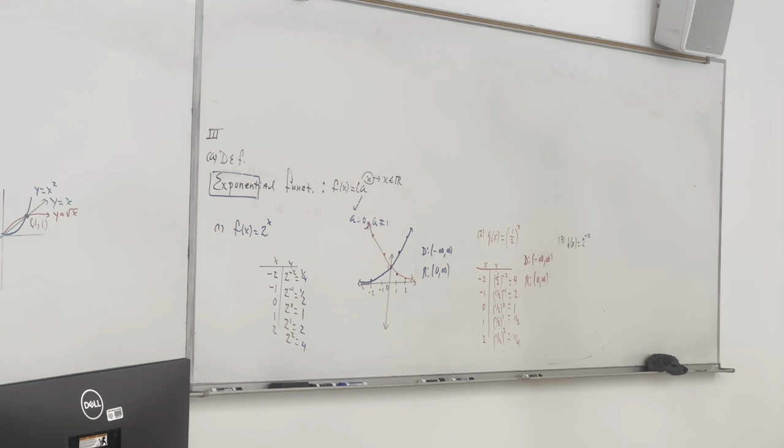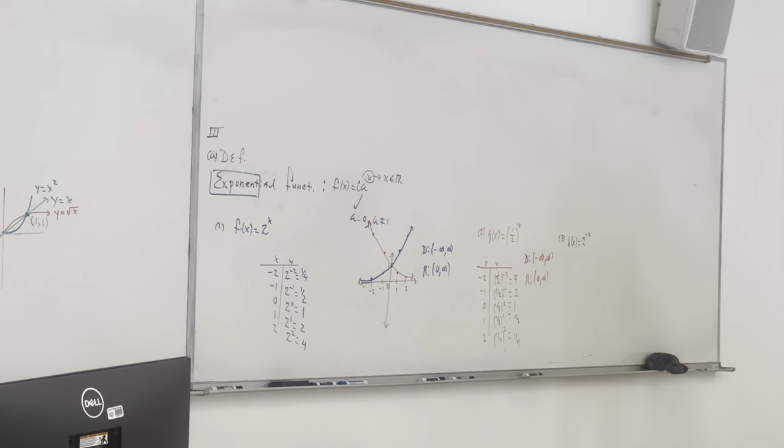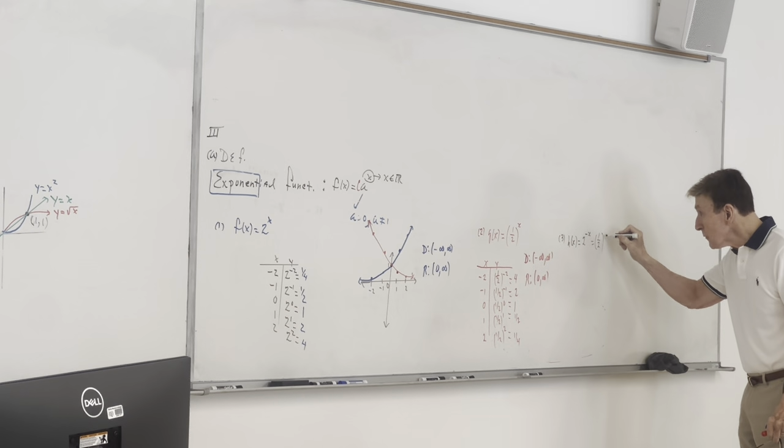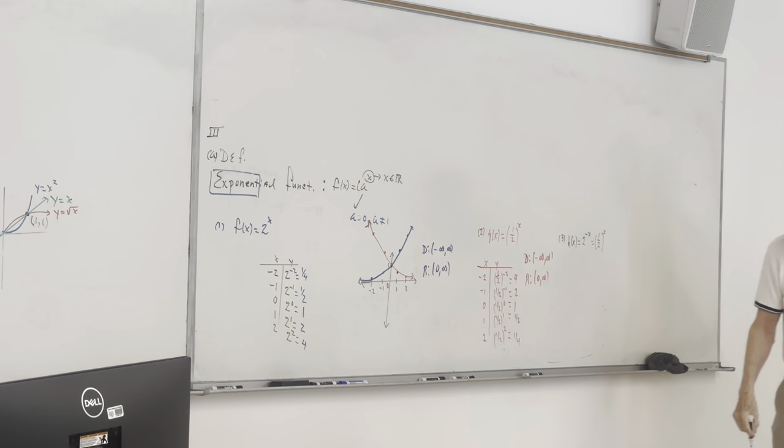Aiden, what about it? 1 over 2 to the power of x. He said, wait, Professor, that's the same as 1/2 raised to the x. Is that true? And I've just graphed 1/2 raised to the x. And also I have on that graph there, the blue graph is 2 raised to the x.